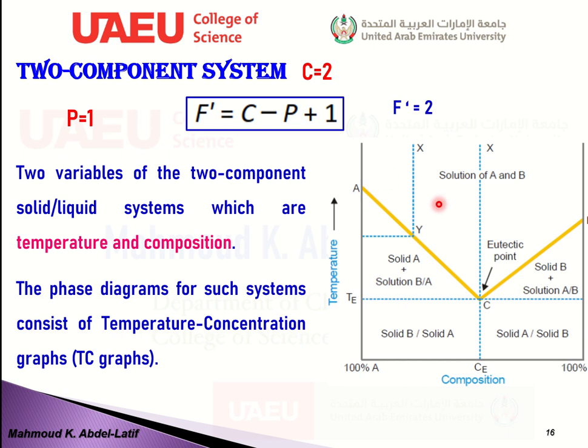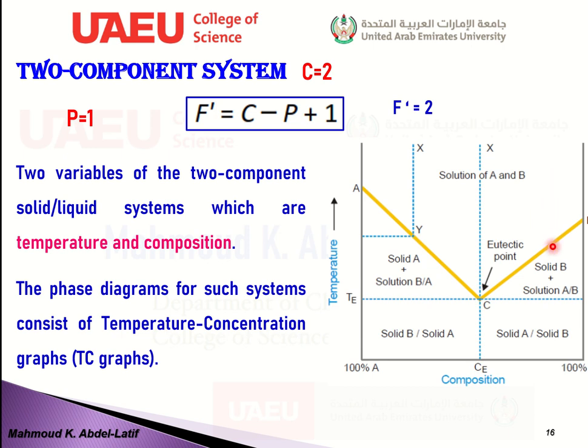Above this curve, you have a one-phase solution of A and B. Below this curve you have two phases. When you cool down, pure A is separated, and you still have a solution of B and A. On the other side, you have a one-phase solution.